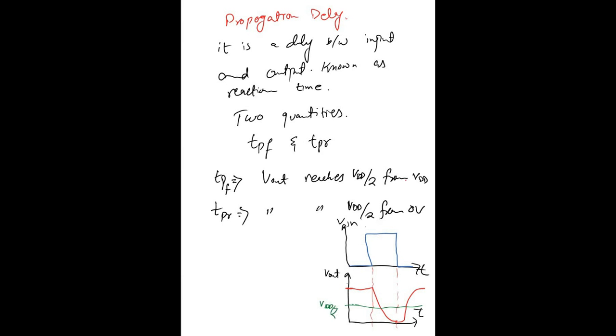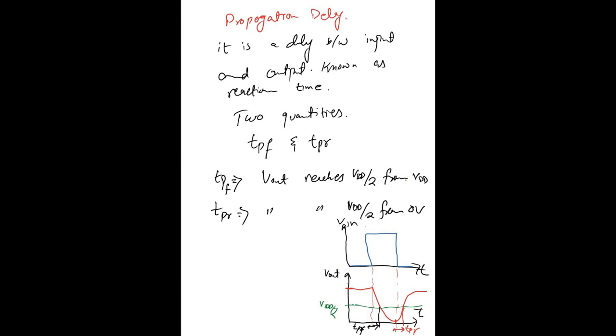So this time here, from this point to this point, is TPF, and when this voltage starts rising, this delay from this point to this point is known as TPR, because it represents the rise time.